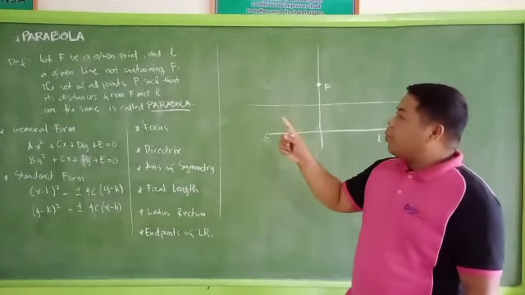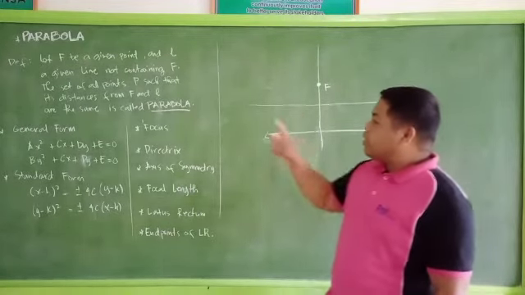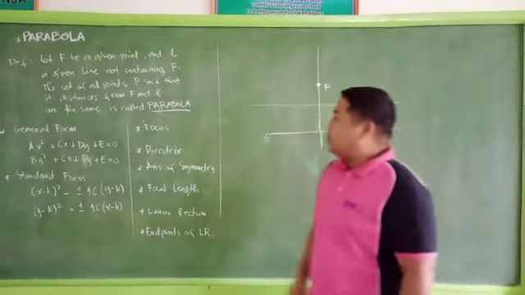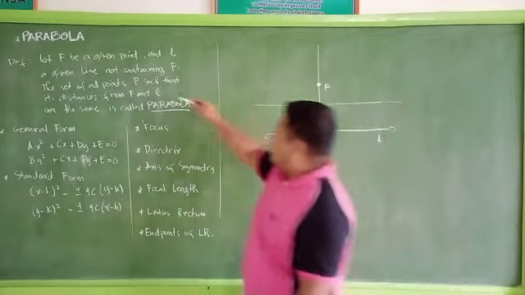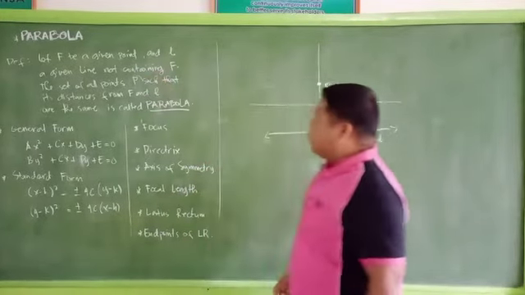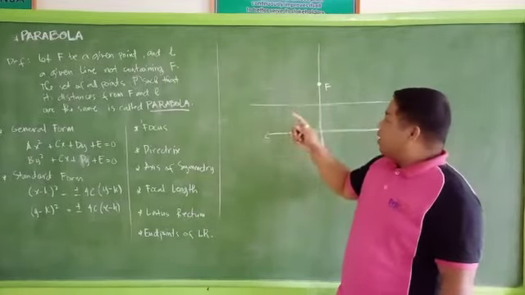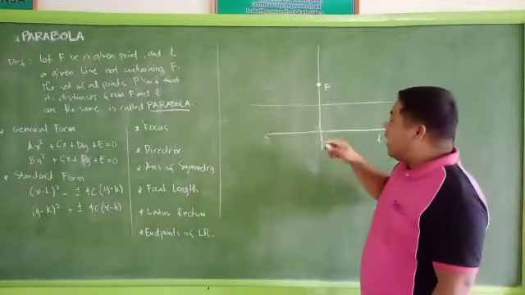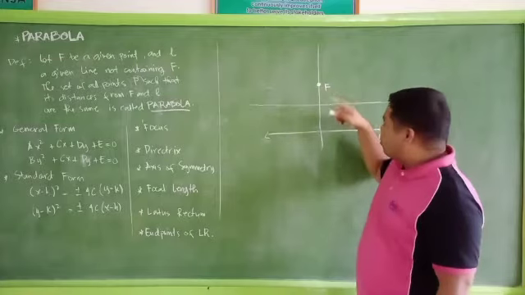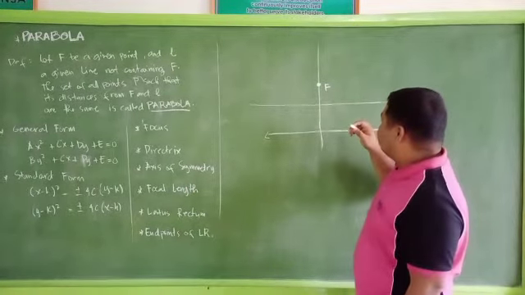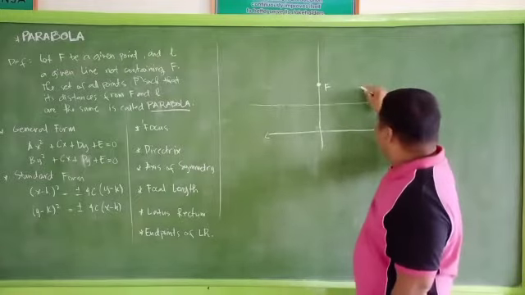The set of all points P such that its distances from F and L are the same. So ano yung point na P na to? Dapat lahat ng mga set ng points P, yung distances nila from L tapos from F are the same. Let's say halimbawa, gumawa ako dito ng point.